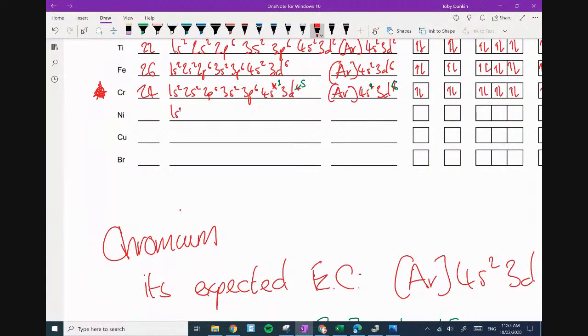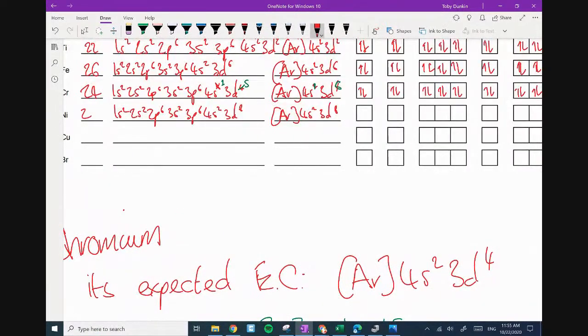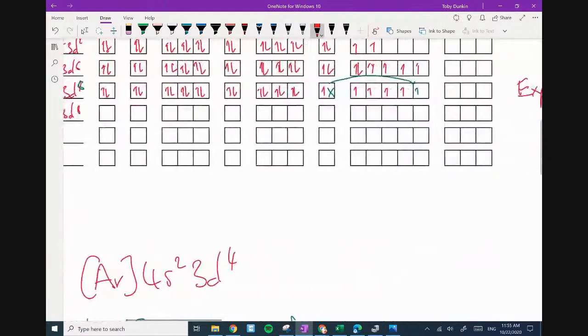So we've still got argon, 4s2, 3d8. And that's got 28 electrons, I believe.